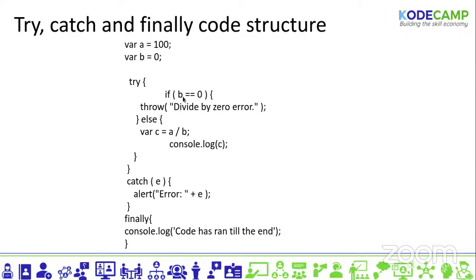So we are checking if b is equal to 0, and it's true that b is equal to 0. So we throw an error with a message in it, and then when we throw that error, this is going to catch that error, and whatever you call this, whether error or anything else, this value is going to have whatever you passed into throw as argument, and then you can decide what you want to do in here with that error.